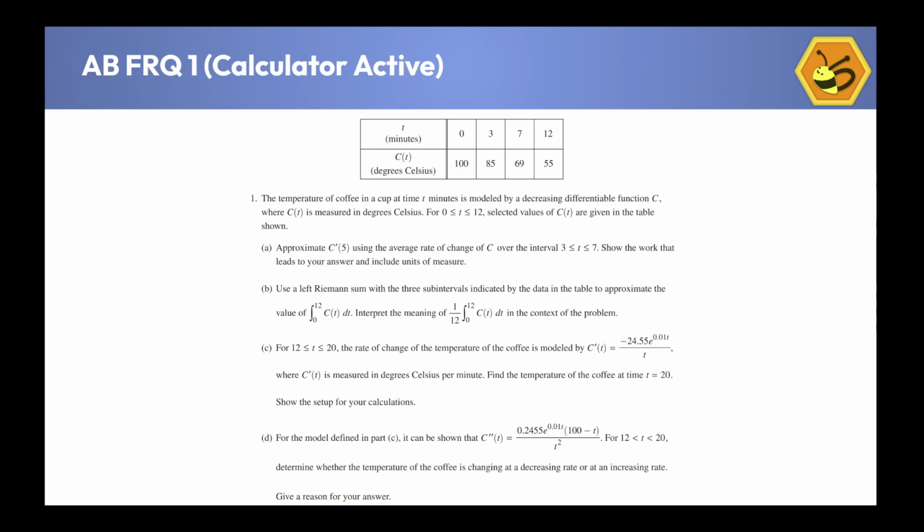We're doing part C right now. So yeah, if your calculator gives you many decimal places, you would round it to at least 3 decimal places.